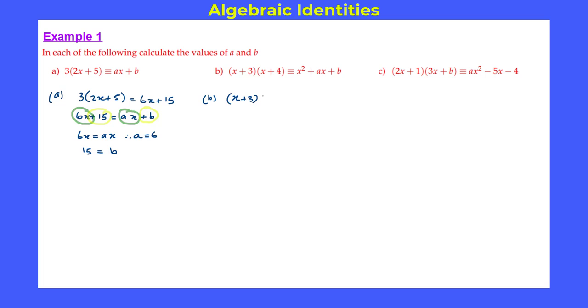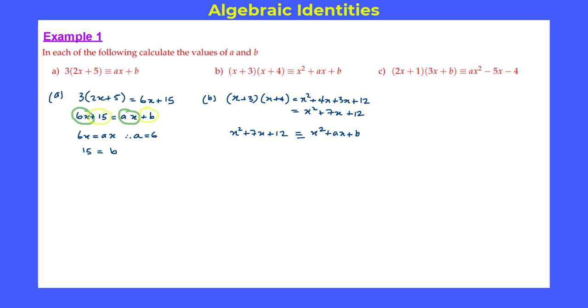Question B. First of all, expand out the bracket. Multiply every term in the first bracket by every term in the second bracket, and simplify. Now we're going to say that what we just simplified there is equal to x squared plus ax plus b, and we're going to compare them.